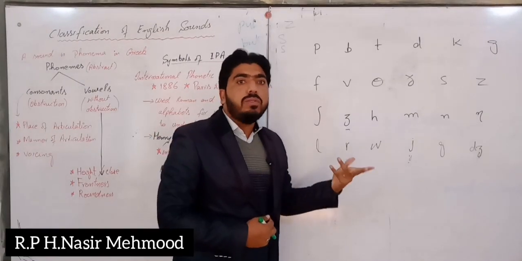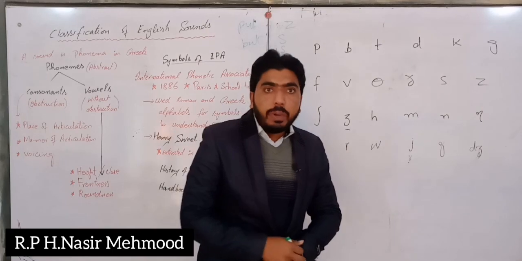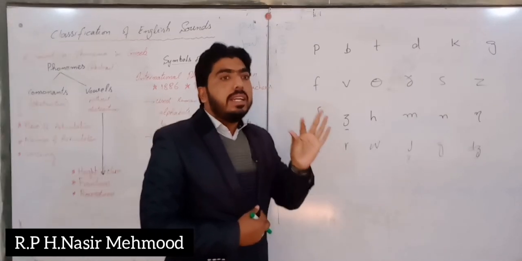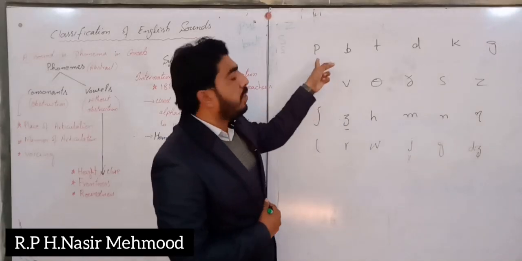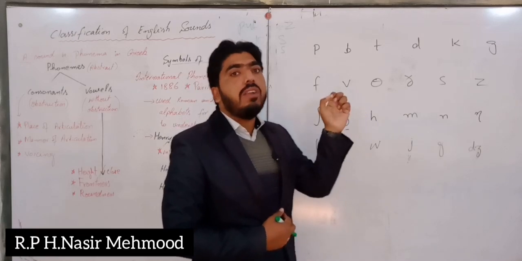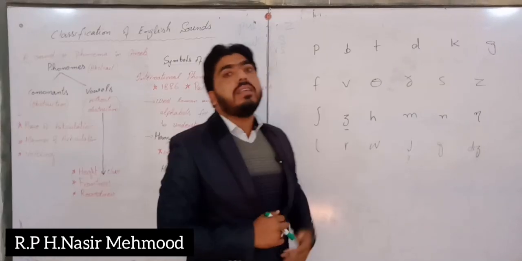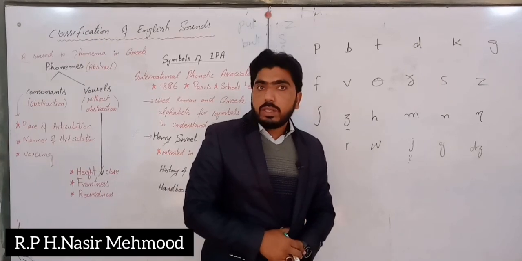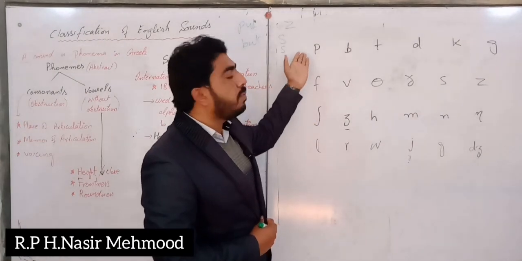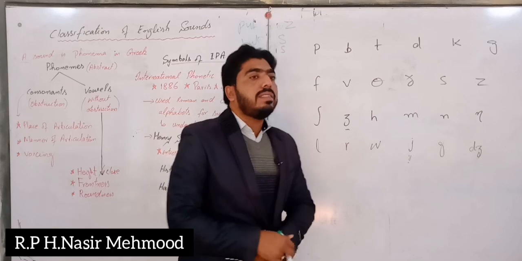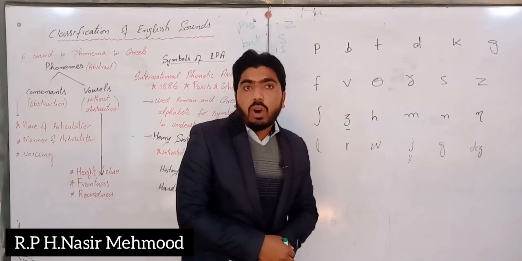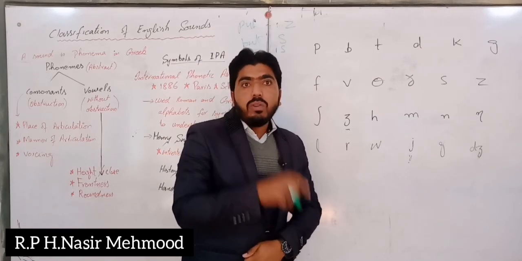Mostly people pronounce these sounds in a wrong way, because they add a small vowel at the end of the sound. If you add a small vowel at the end, it will not remain a pure consonant. These are pure consonants, and we need to pronounce them without the addition of small vowel sounds.